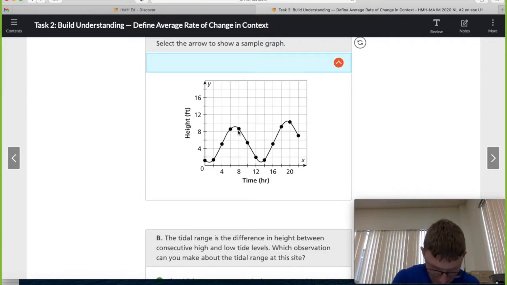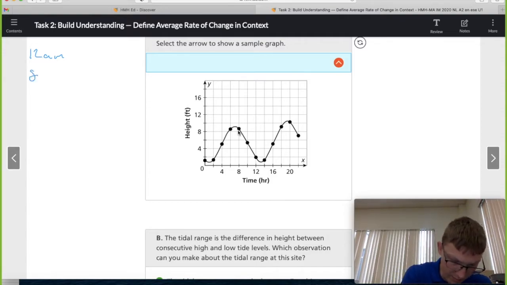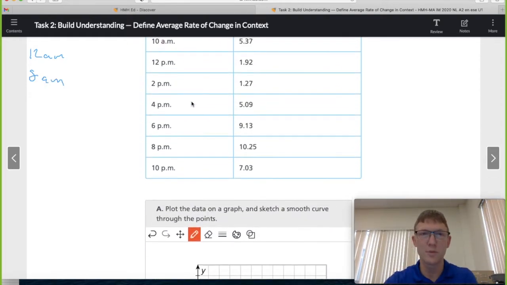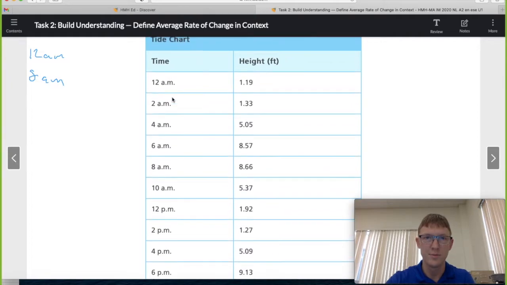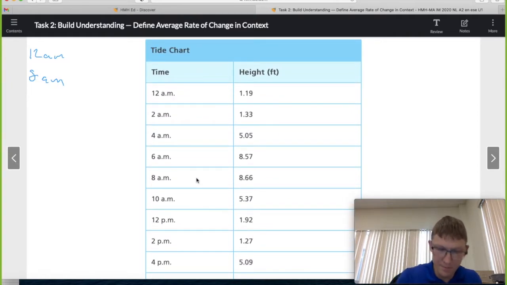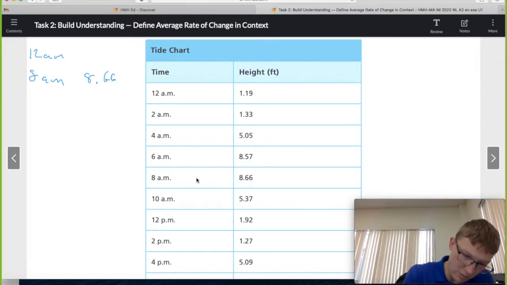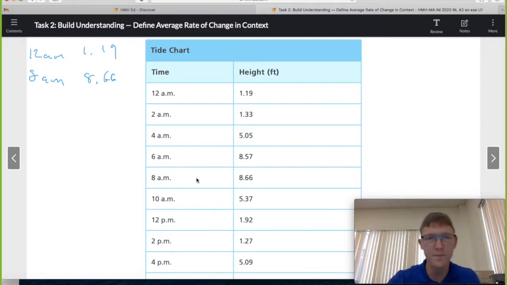So we could probably use 12 a.m. and we can probably use 8 a.m. I'm just going to look up what those exact values were from the charts. 8 a.m. is 8.66. 12 a.m. is 1.19.